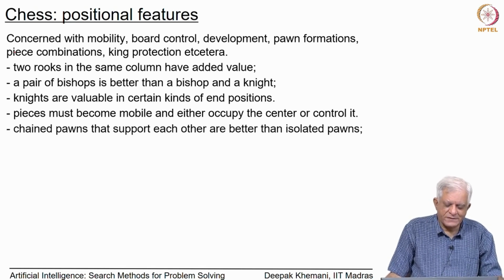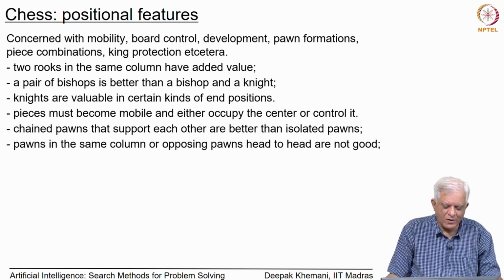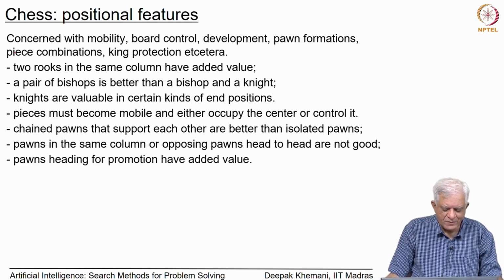Then chain pawns that support each other are better than isolated pawns, because the opponent cannot just freely grab a piece that you have on the board. Pawns in the same column or opposing pawns head to head are not good, because their mobility is reduced. Pawns heading for promotion have added value.